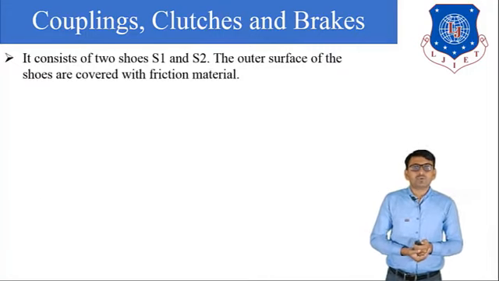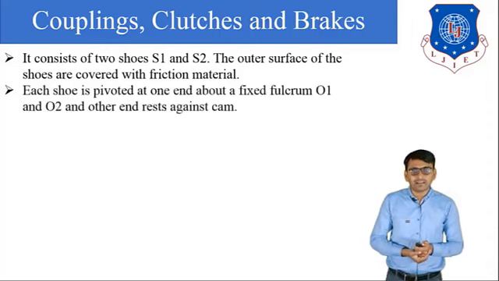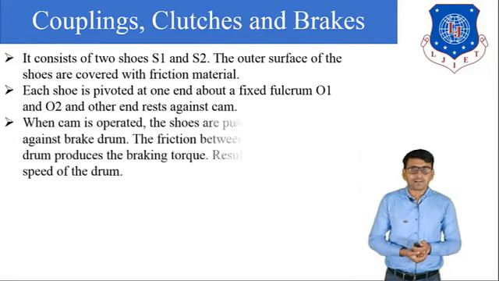It consists of two shoes, S1 and S2. The outer surface of the shoes is covered with friction material. Each shoe is pivoted at one end about a fixed fulcrum, O1 and O2, and the other end rests against the cam.